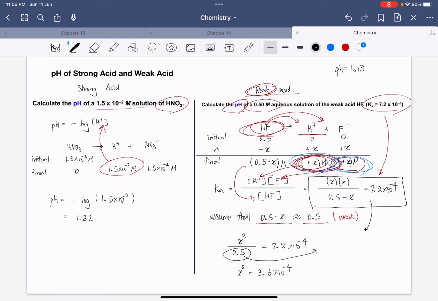So this time we don't need a quadratic formula, which saves us a lot of time. Then take the square root on both sides, and we have x is equal to 0.0189. Then the pH will be negative log of 0.0189, which is 1.73, the same as this one.